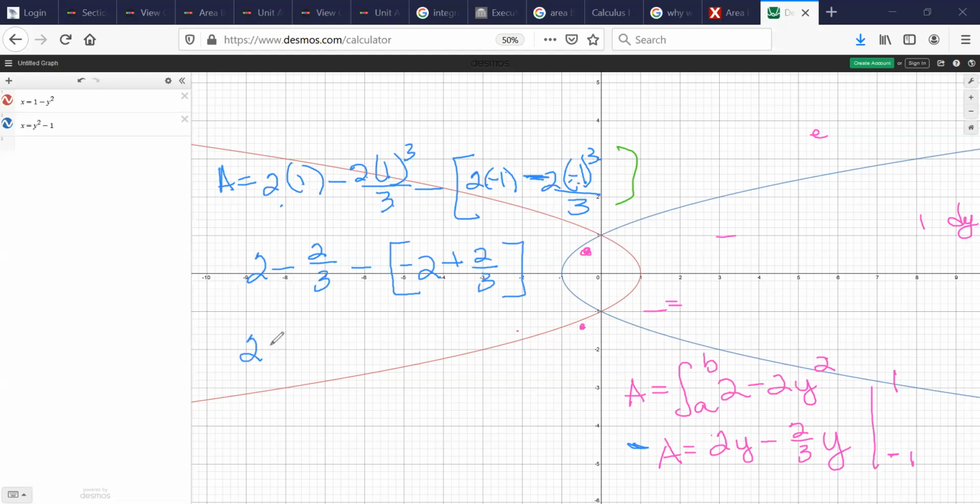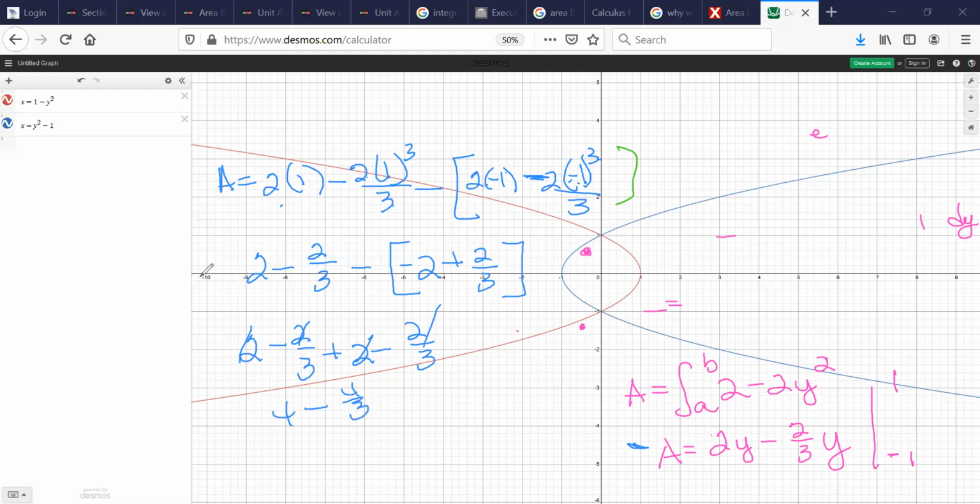And then I'll go ahead and distribute the negative. And that's going to equal 2 plus 2 is 4, negative 2/3 and negative 2/3 is negative 4/3.